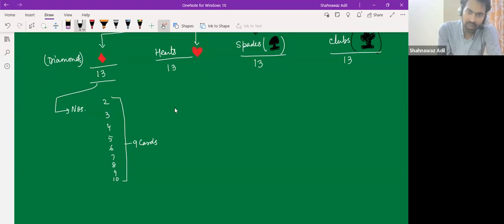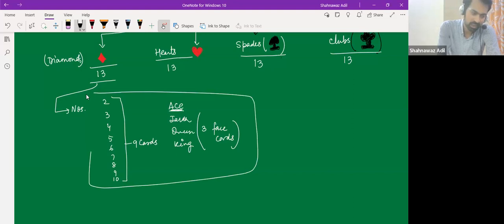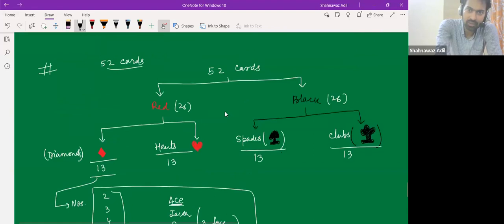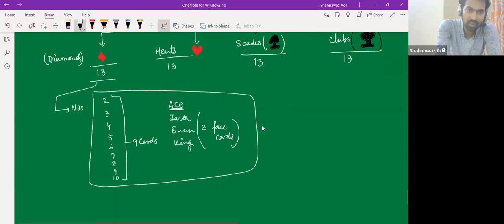And then we have an ace, and then we have three face cards: jack, queen, and king. So these are three face cards. Okay. So this is the distribution of the cards. Is this clear to you? Say, ace is 4, right? Ace is one. Ace is four, maybe.